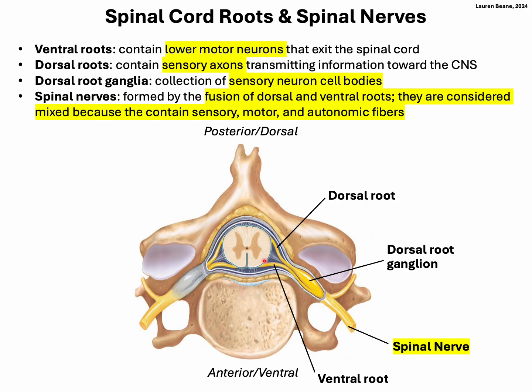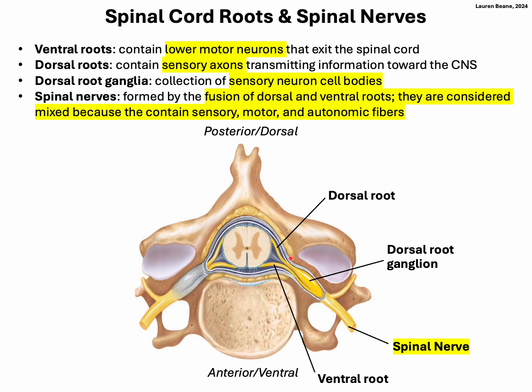When we think about the formation of the nerves, we need to go back and consider the spinal cord. And we talked about the gray matter and the white matter in the spinal cord and how the ventral horn contains motor neurons, the dorsal horn contains sensory neurons. And we're going to see a similar thing here when we start to talk about these roots, which give rise to the spinal nerves.